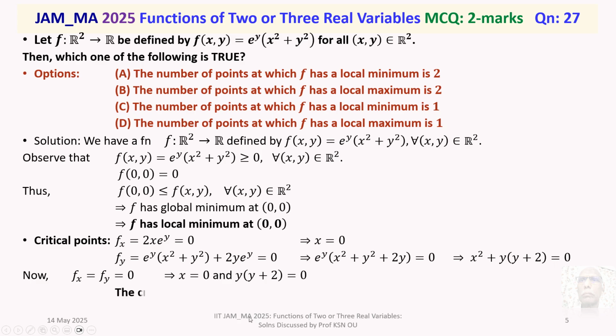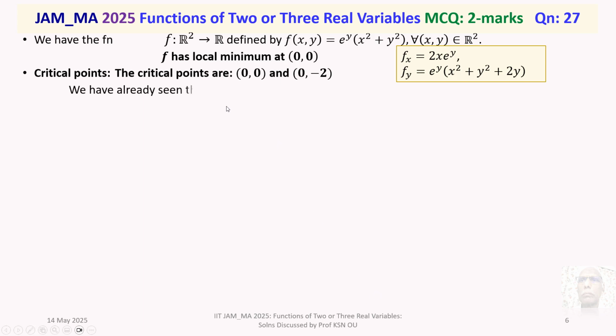So that is x is 0, y is 0, and x is 0, y is minus 2, that is 0 comma minus 2. So the critical points are 0 comma 0 and 0 comma minus 2. We have already seen what is happening at 0 comma 0. We have a local minimum at the origin. We need to talk about 0 comma minus 2.